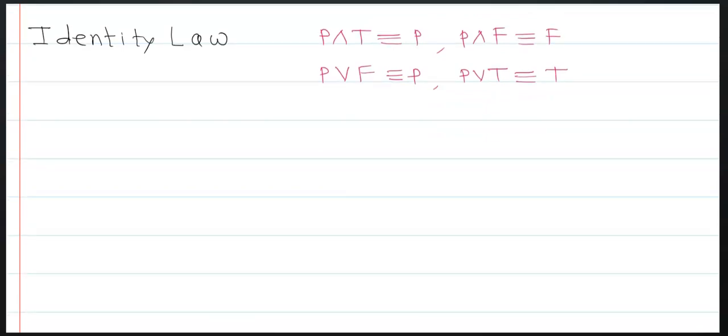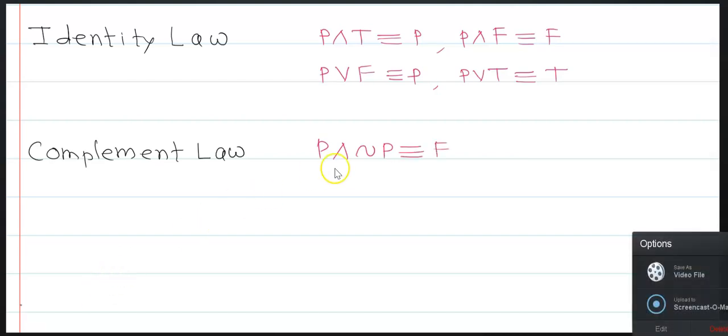Next is the complement law. P and negation of P is always F. How is it? If we take the truth value of P as T, what is its negation?